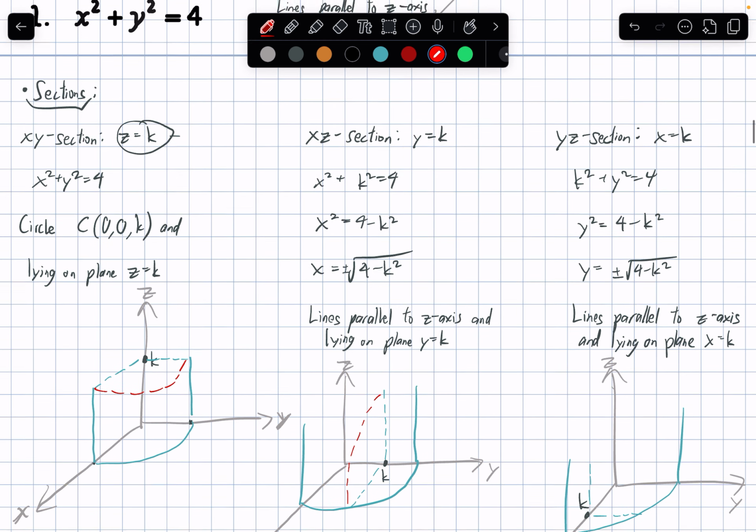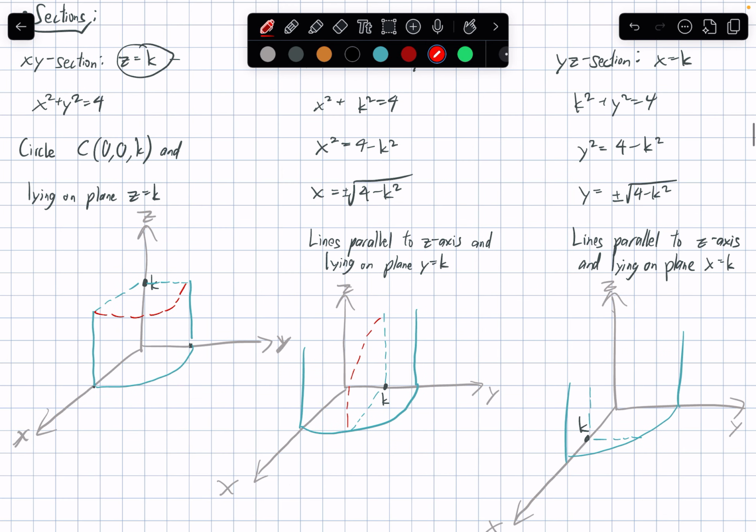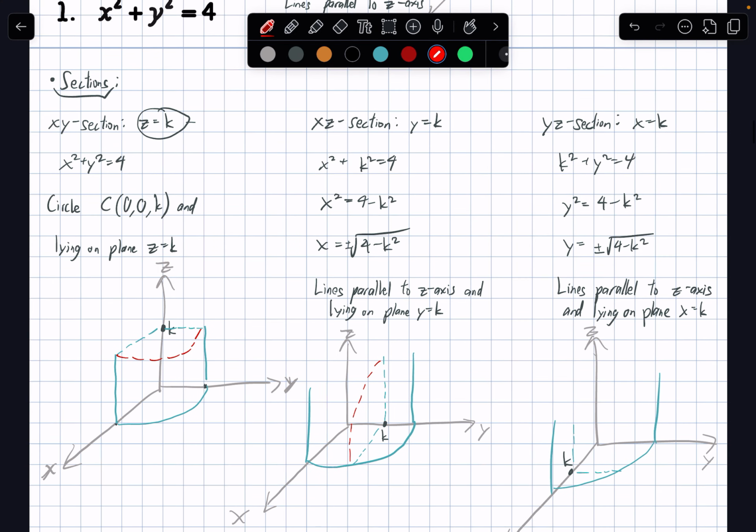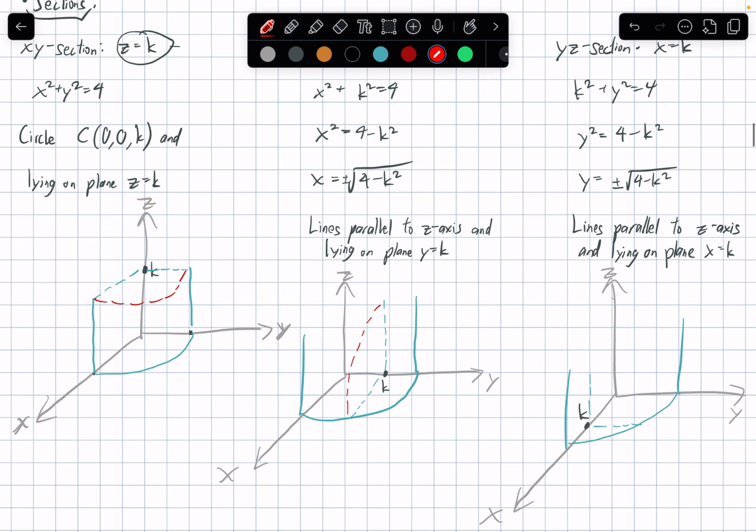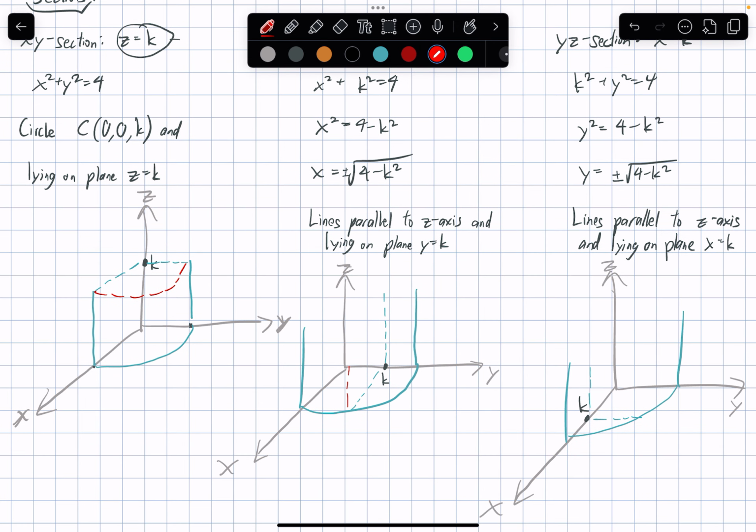Wait a minute. I think this figure is supposed to, basically the red lines are supposed to be like this.